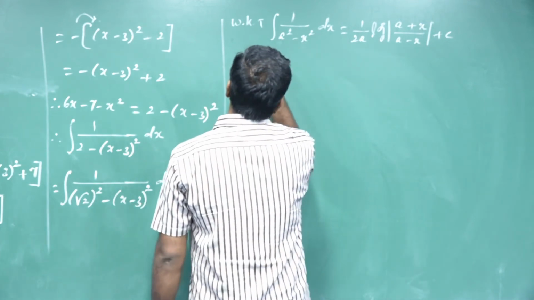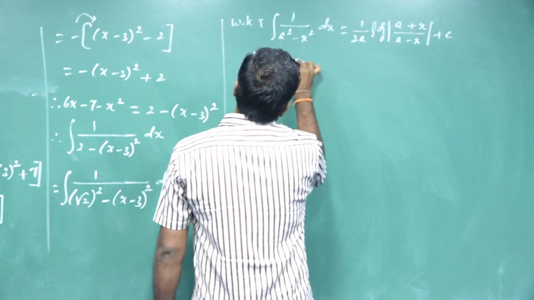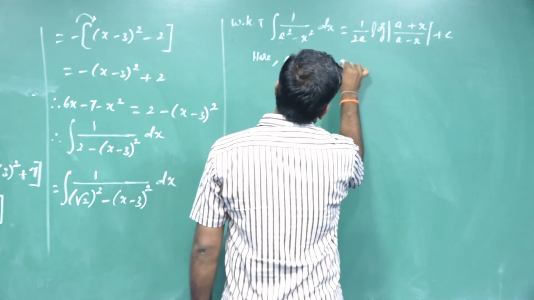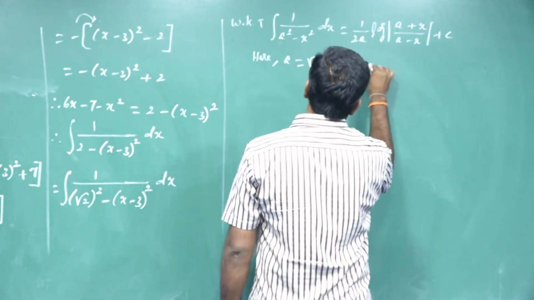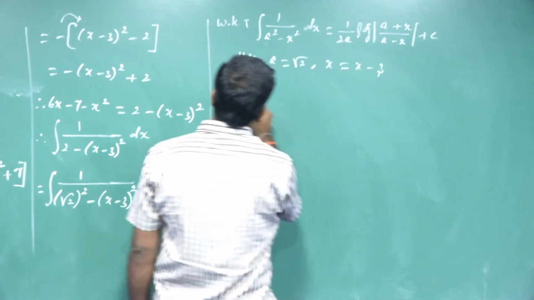So here the value of a is root 2 and the value of x is x minus 3.